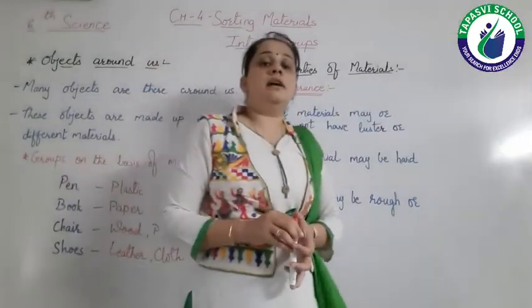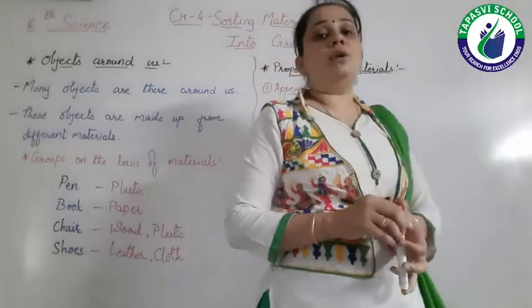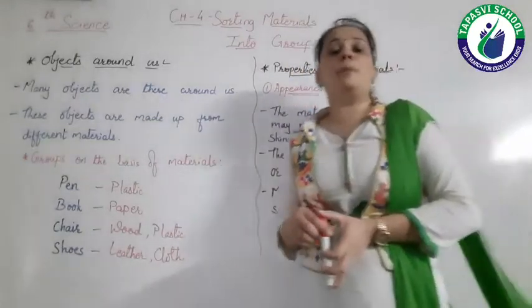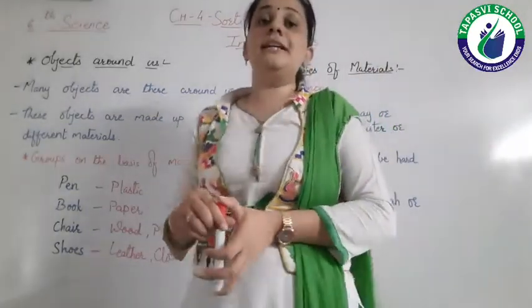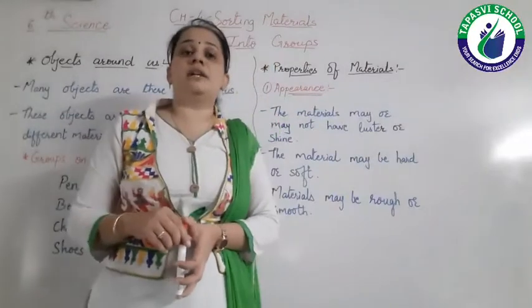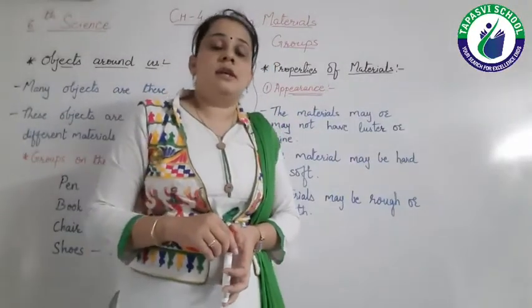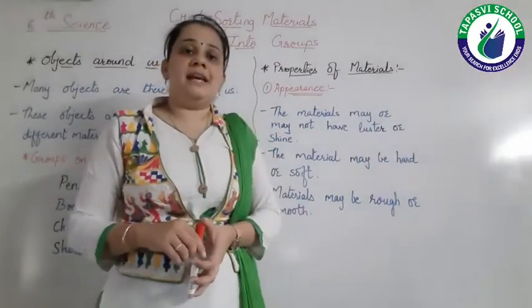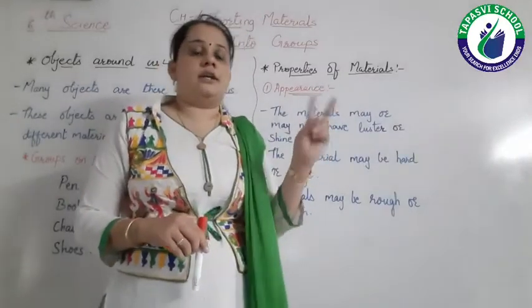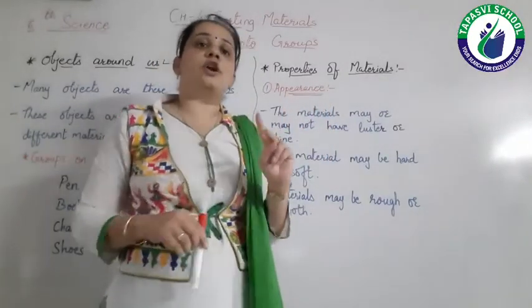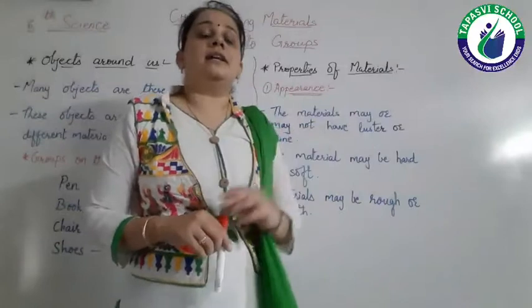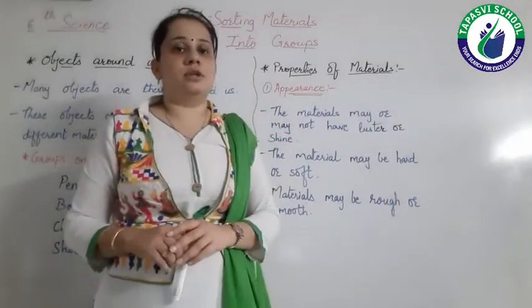So here we have studied about the first property, that is appearance of any material, how it looks. In the look we can say it is shiny or not, it is hard or soft, and it is rough or smooth.